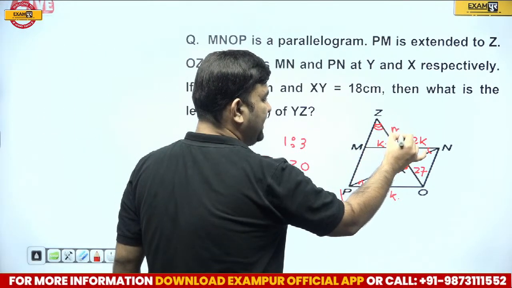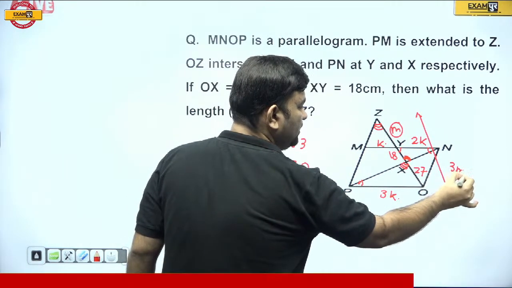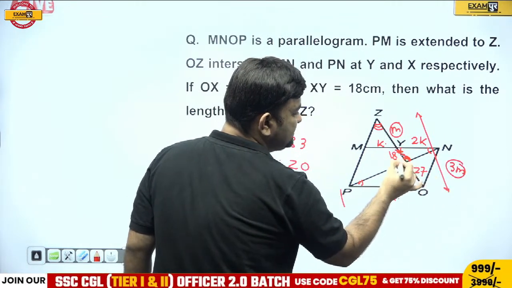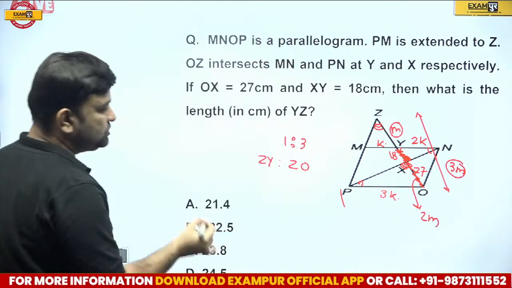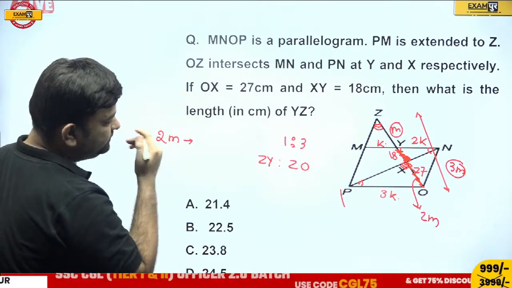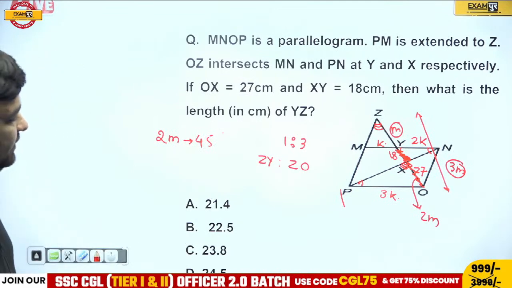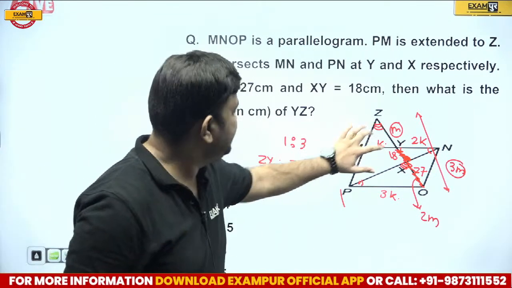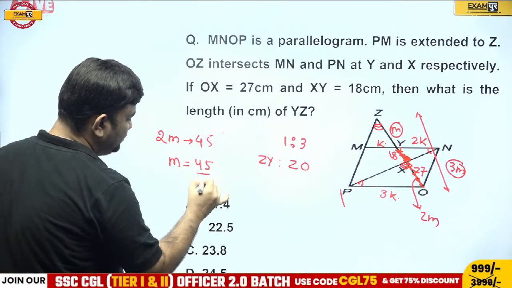So if this is M, then total is 3M. This middle value is 2M. So 2M is equal to 45. What is YZ? YZ is M. So M is 45 by 2, 22.5.